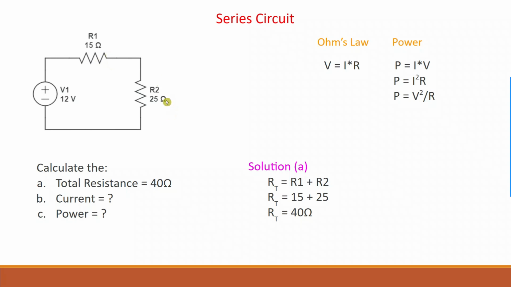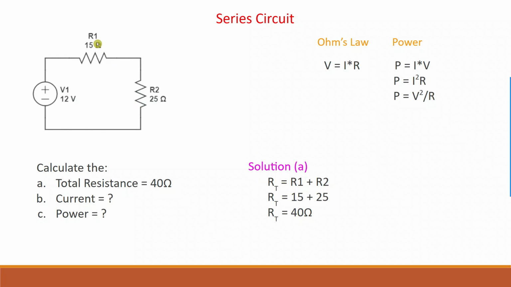For example, if there are 5 resistors in this circuit, then it will be R1 plus R2 plus R3 plus R4 plus R5. So it depends on the total number of resistors. Right now I am using two resistors R1 and R2, so RT equal to R1 plus R2.